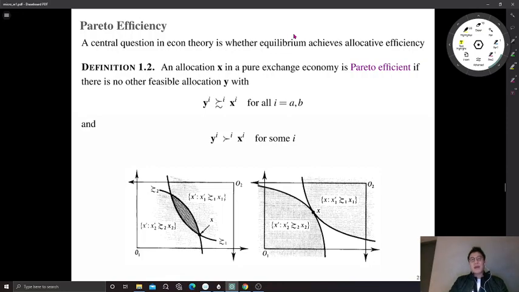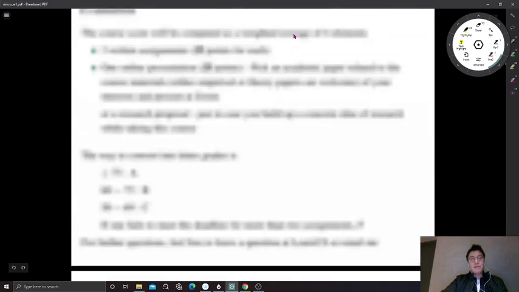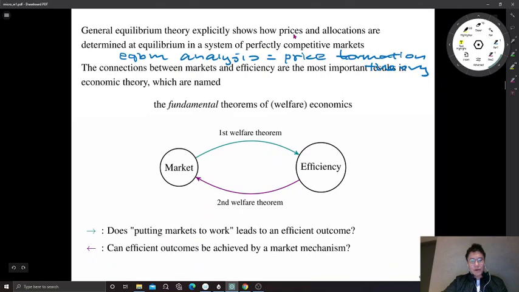So to illustrate the question I'm going to address in this video, let me go to the previous slide, slide number 9. So in the previous video, we investigated the allocation determined by market mechanism.